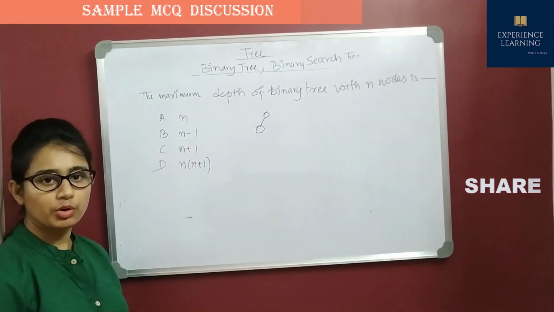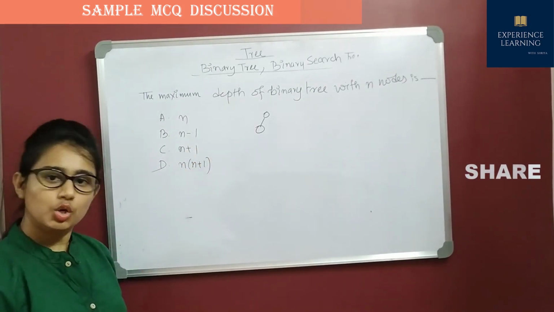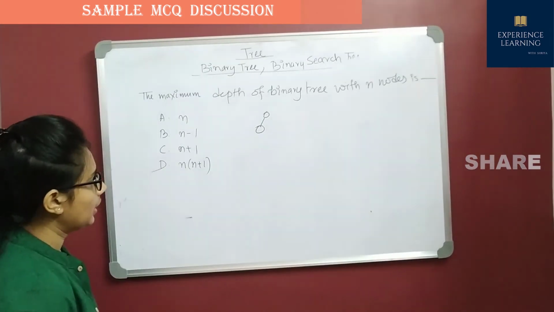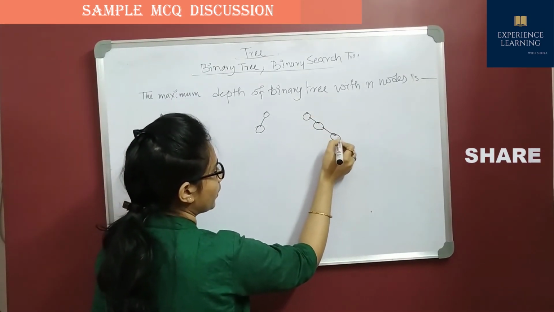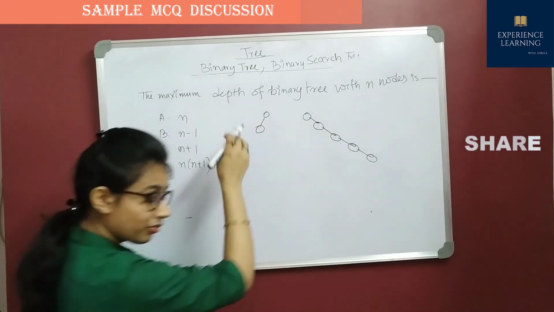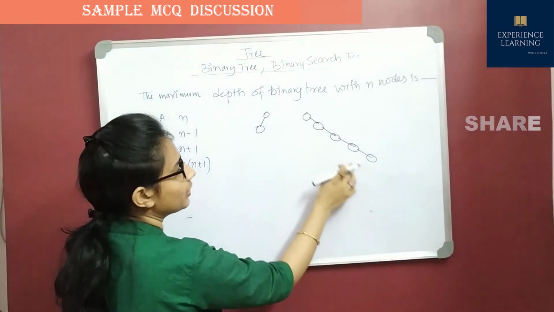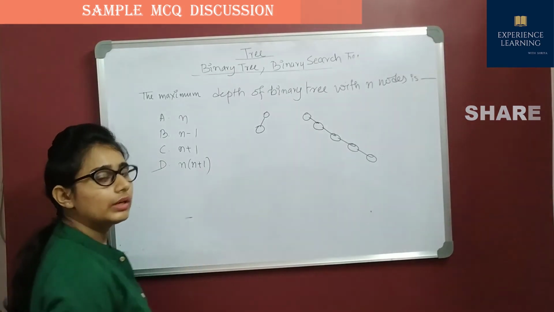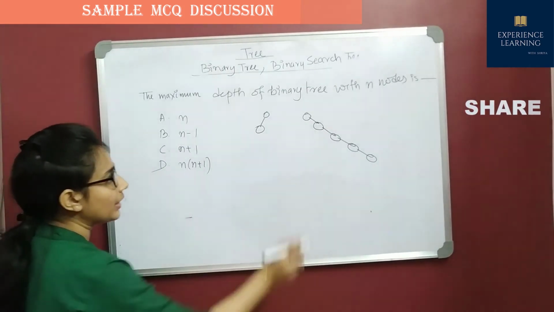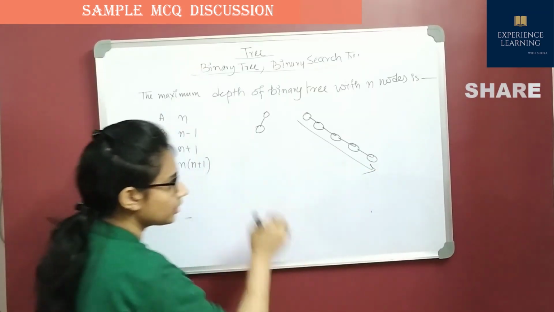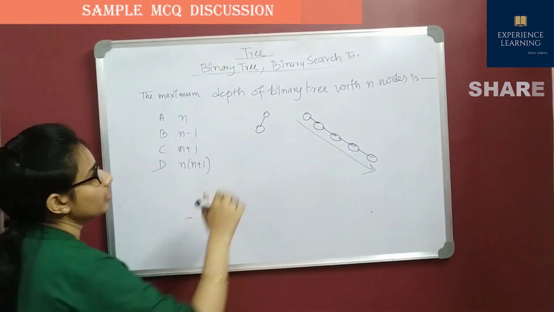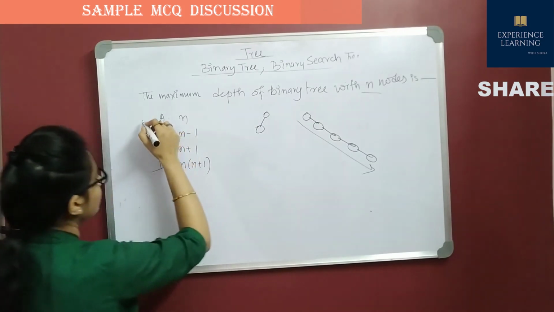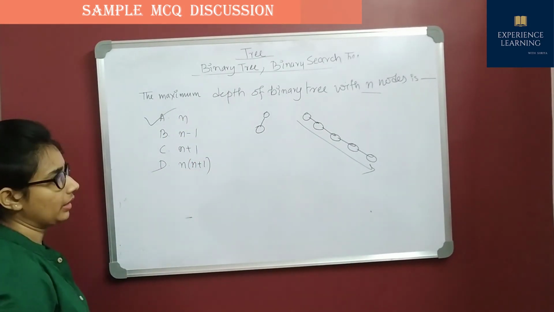Now, if I draw this in this way, that means at every level there will be only one node. So that time we can reach the maximum level, isn't it? So here the answer will be this one, n.